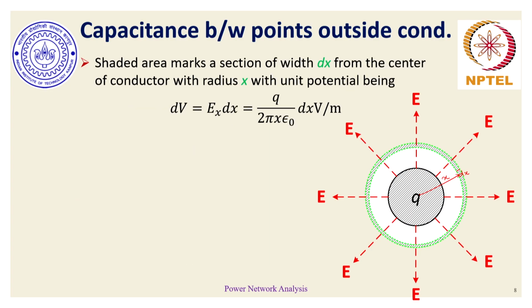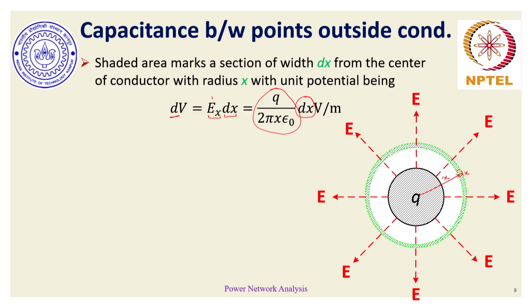So the incremental potential dV is nothing but the product of E of x, the electric field intensity, multiplied by the width of the tube across which the potential is to be found. Since we know E of x, we substitute E of x, which is q by 2 pi x epsilon naught. dx is the width along which the potential is to be found.